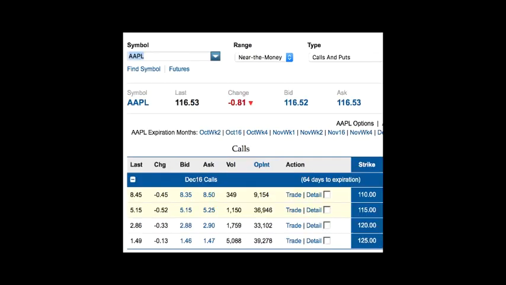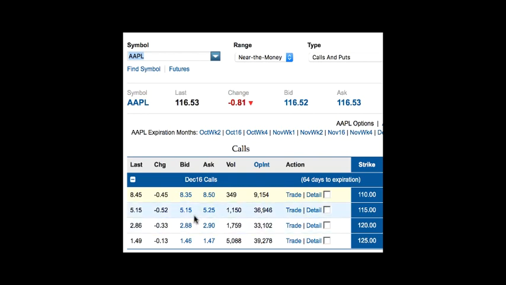Okay, now all we're doing is focusing in on the call side of the option table. You can still see it's the same December 16 calls here, and you can still see the strike prices lined up in this blue bar. Now what I really want to show you is, just looking at the prices, how quickly they can turn into big gains for you.